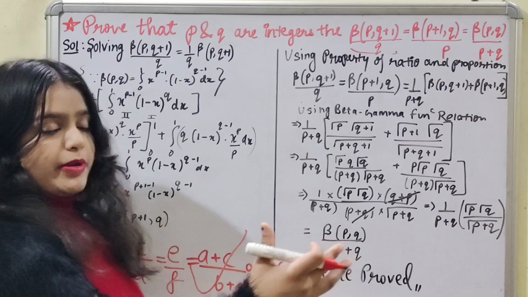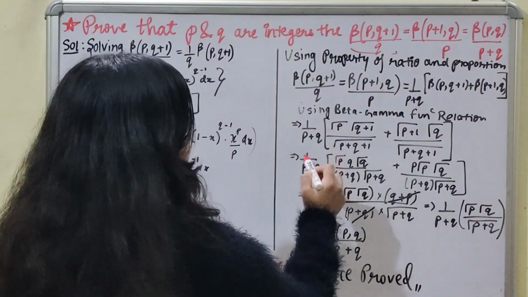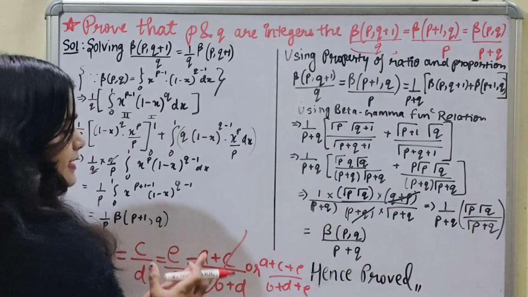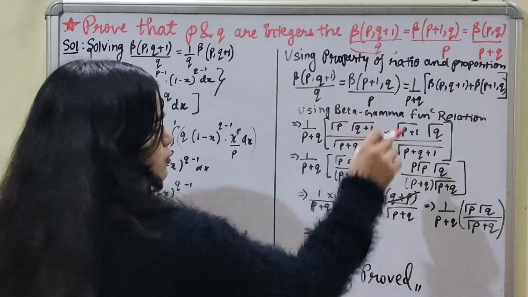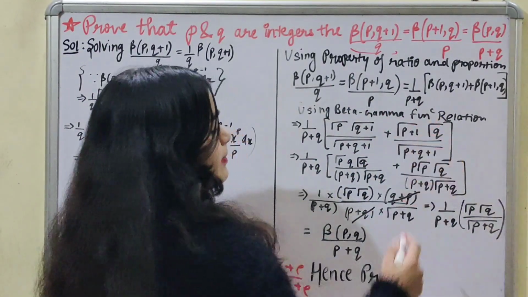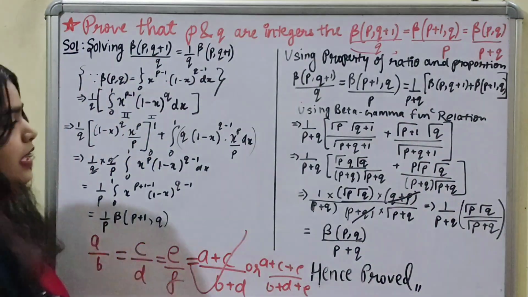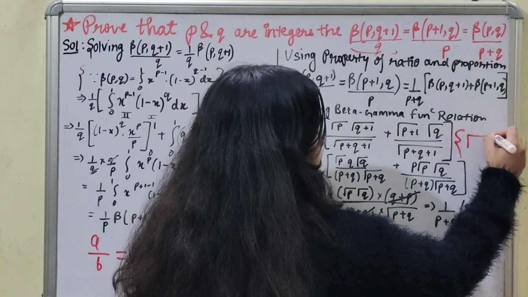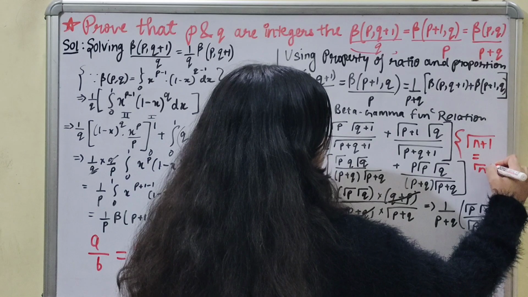Using this relation, we have written 1 upon P plus Q as it is outside, then inside the bracket gamma of p into gamma of q plus 1 upon gamma of p plus q plus 1, plus gamma of p plus 1 into gamma q upon gamma of p plus q plus 1. After that, we used the property gamma of n plus 1 is equal to n into gamma n.